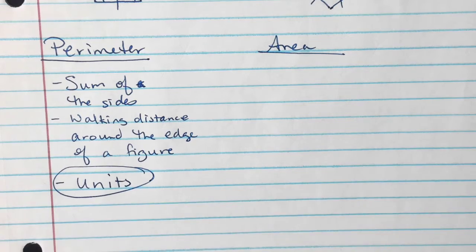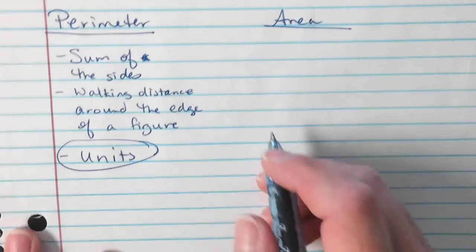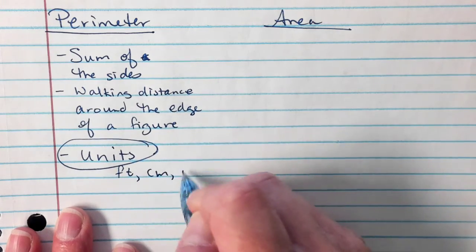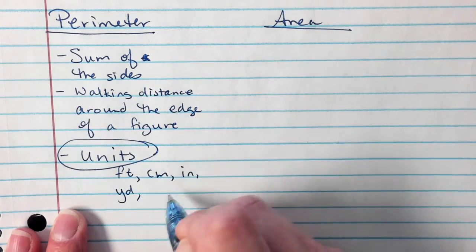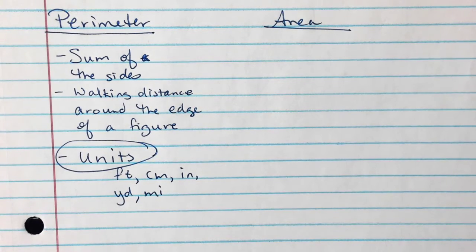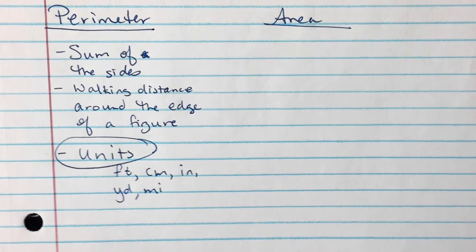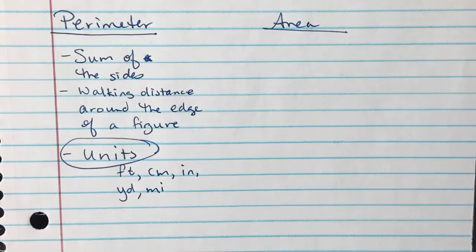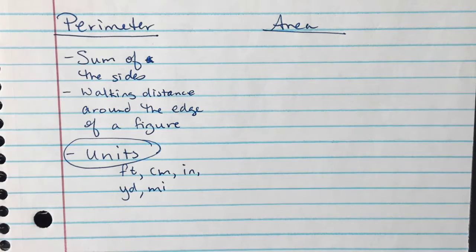I know you're like, what the heck does that mean? That means like feet, centimeters, inches, yards, miles, etc. The perimeter is measured in plain Jane units. Trying to zoom out so you guys can see enough.